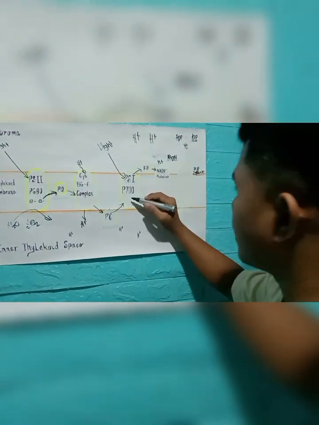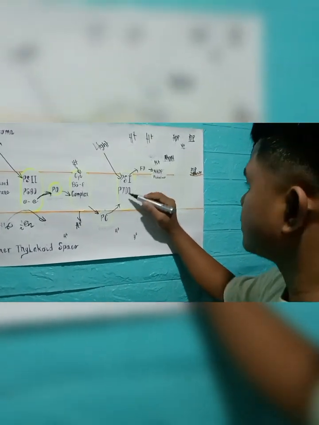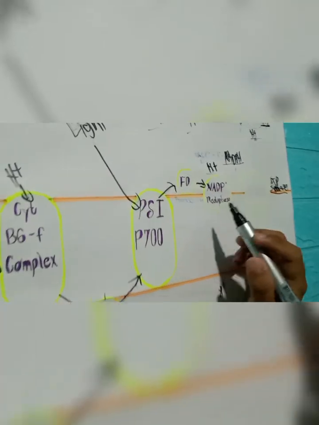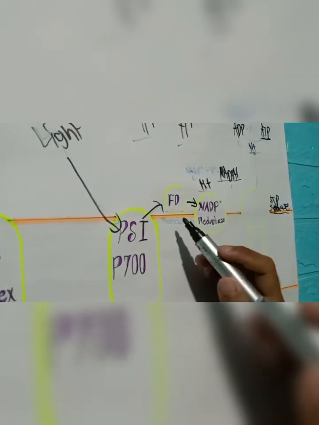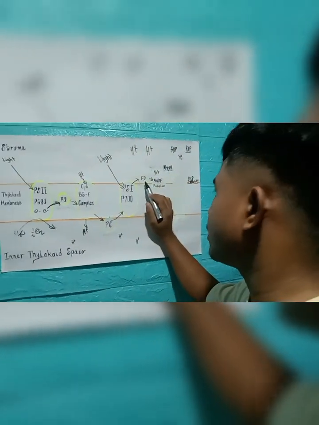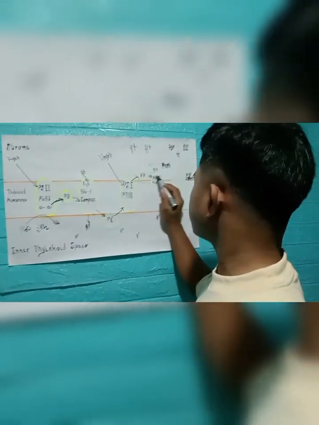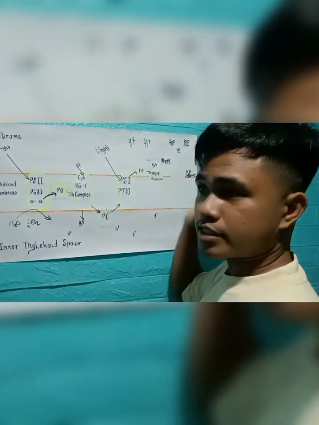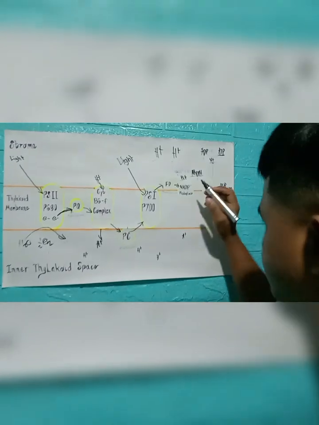After the electrons get excited, they continue to the ferredoxin. Then the electrons of ferredoxin are accepted by the NADP plus, in a step catalyzed by NADP reductase.